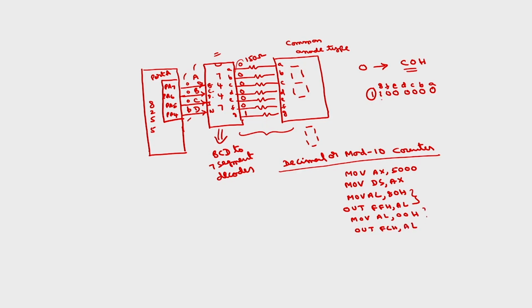With these two instructions, this 00H means 0000 0000. The last 4 zeros are connected to ABCD, so ABCD is 0000 means 0 will be displayed. So with these two instructions, a 0 will be displayed on the 7 segment display.